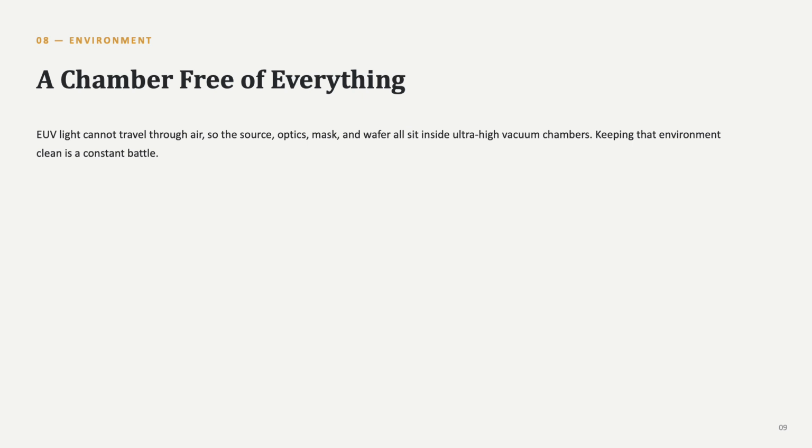As EUV light cannot travel through air, the source, optics, mask and wafer all sit inside an ultra-high vacuum chamber. Keeping that environment clean is a constant battle. Each plasma pulse sprays microscopic tin residue towards the collector mirror, gradually dulling its reflectivity.